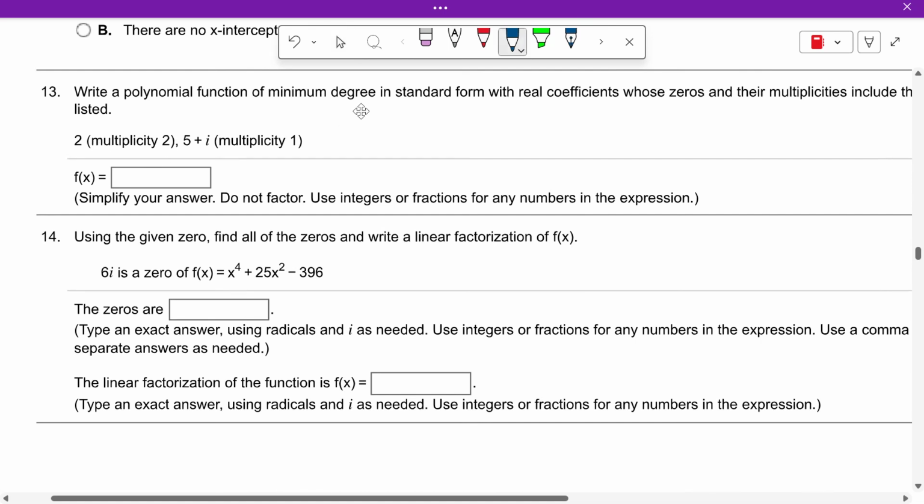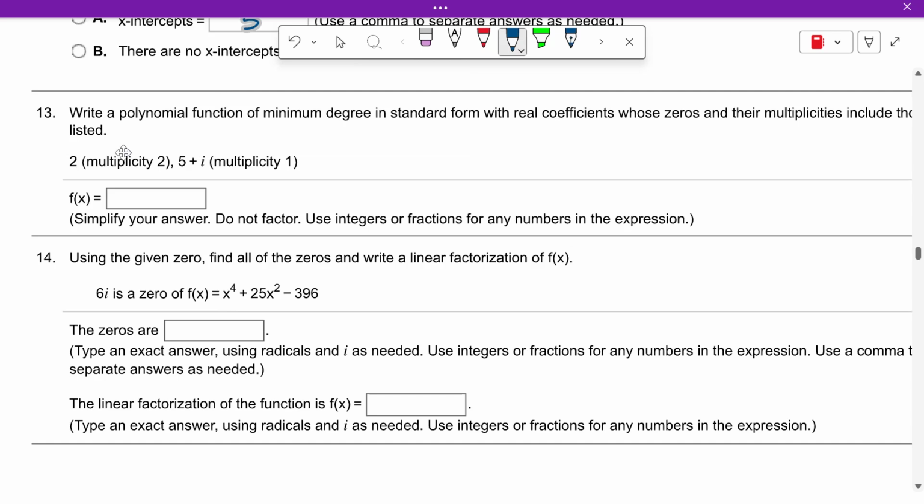We're supposed to write a polynomial where 2 is a zero of multiplicity 2. So it's x minus 2 times x minus 2. And then 5 plus i is a root. So that means 5 minus i is also a root. So if we find the sum of these two, it's going to be 10.